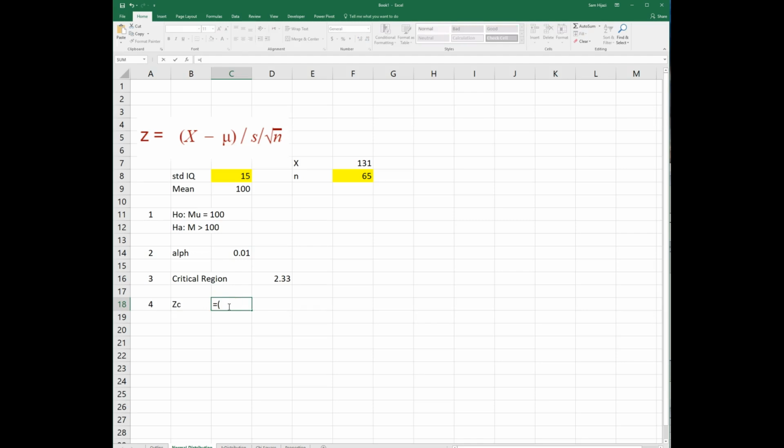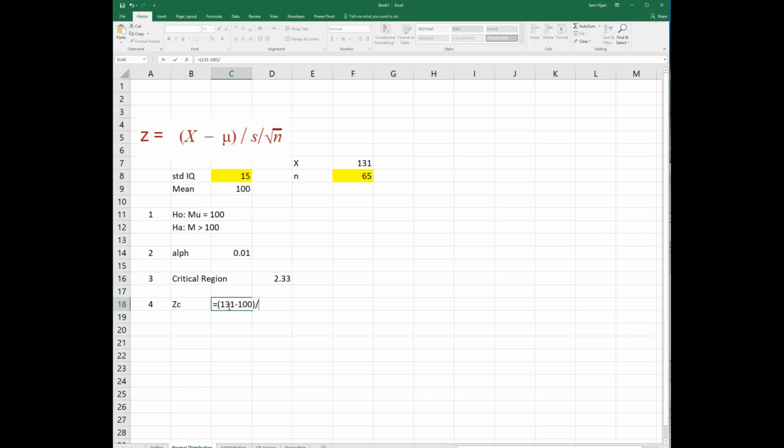So he told me that the mean for the sample is 131, minus the mu. I'm not going to waste time pulling in those special characters, so mu is going to be that mean, which is 100.